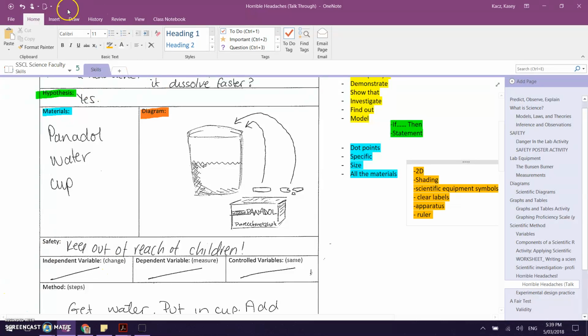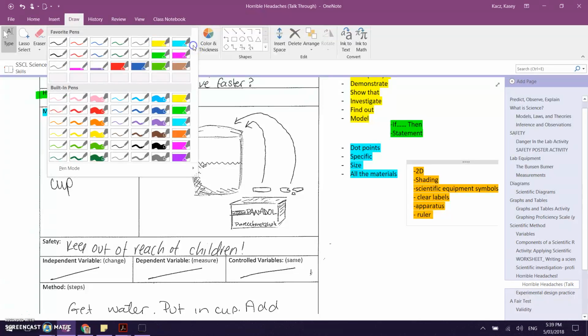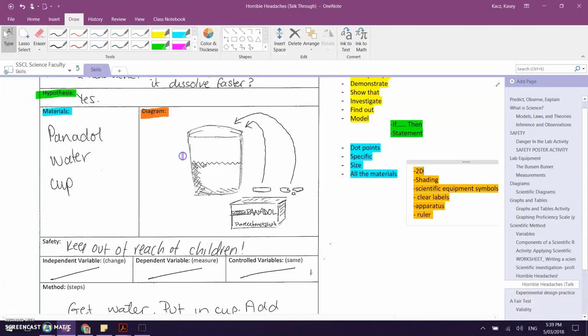And that brings us to the safety part of a scientific experiment. The safety of the scientific experiment should be what might go wrong and what you're going to do to avoid it. So the risk and the precaution that you're going to take.